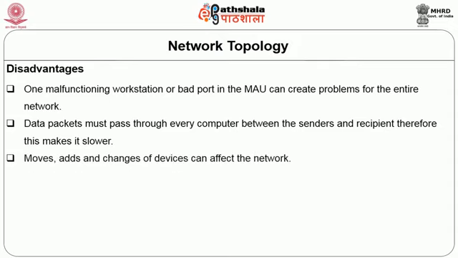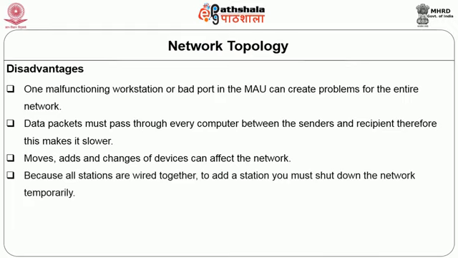Moves, adds and changes of devices can affect the network. Because all stations are wired together, to add a station, you must shut down the network temporarily. Difficult to troubleshoot a ring network.